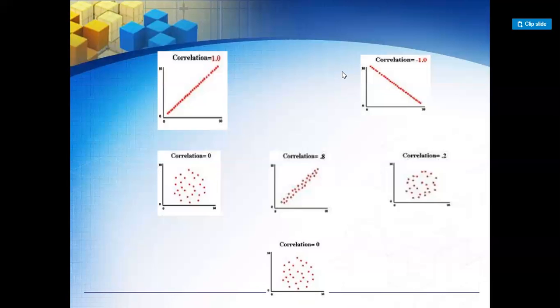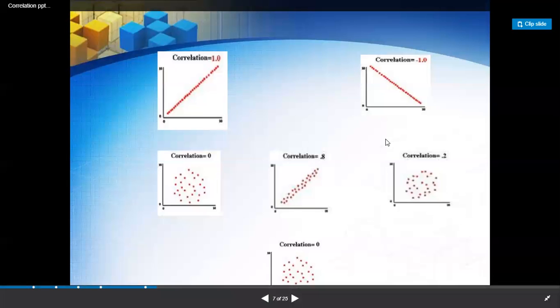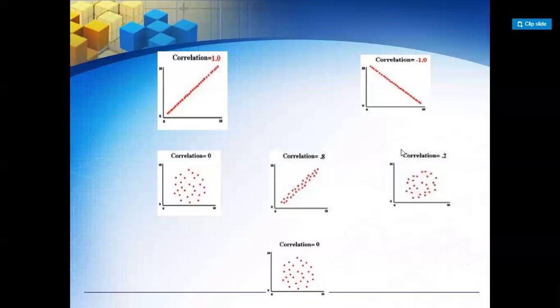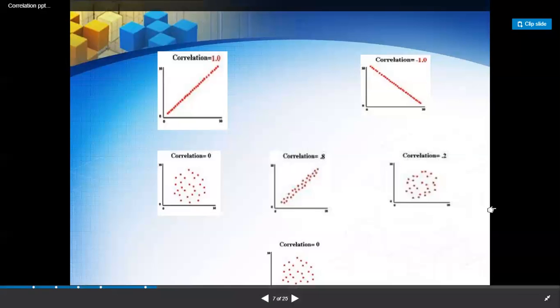Next, if it is a negative correlation, the points will be scattered here and there. Then there is no correlation. You can see this in this picture and this picture: the points are given in a round shape.